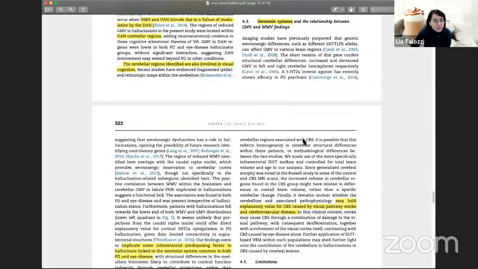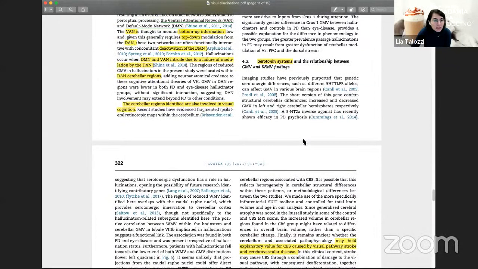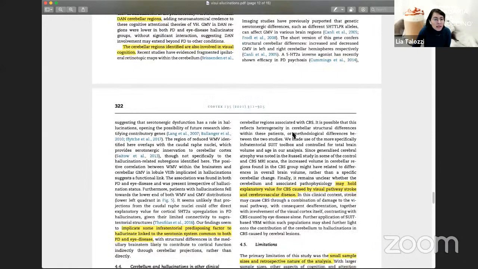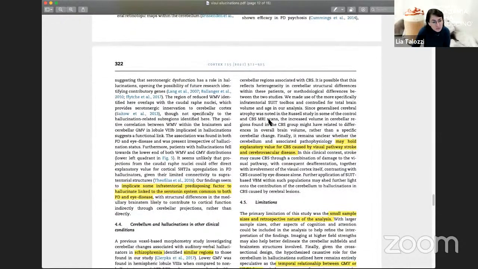And yes, there is also this hypothesis, but it's exploratory, about a possible background in the serotonin system that can be related to the infratentorial gray matter and white matter loss.